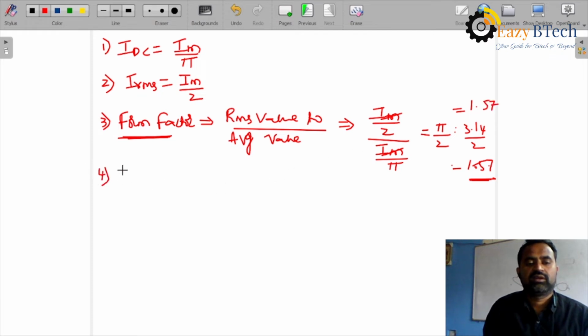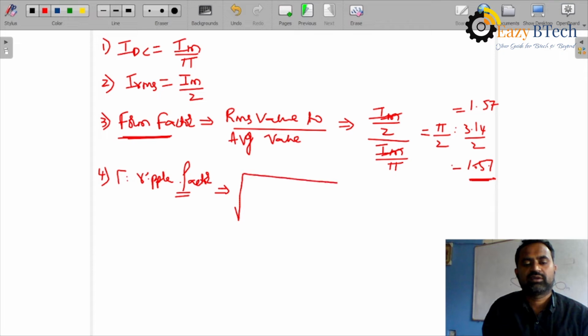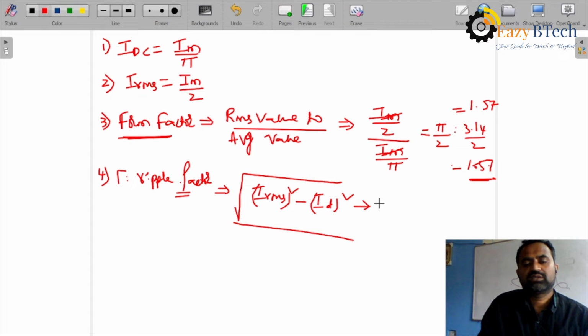Next, ripple factor. To calculate ripple factor, RMS value of AC component by average value, that is RMS value, under root IRMS square minus IDC square, by IDC.